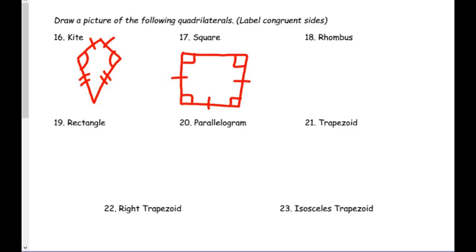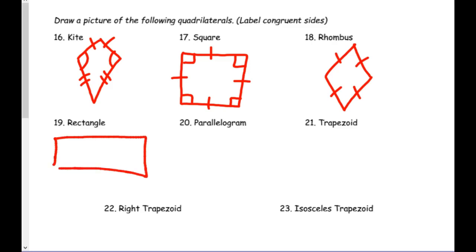And every side should have the same tick mark for a square. A rhombus, other people like to call it a diamond shape. Doesn't matter if you draw it this way or sideways. The main thing we know about a rhombus is every side is equal, but the angles are not all 90, necessarily. Rectangle. If you draw that, that's cool, but make sure you label. We know all the angles are right, opposite sides are equal, but they're not all equal to each other.